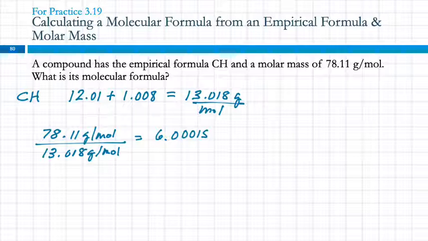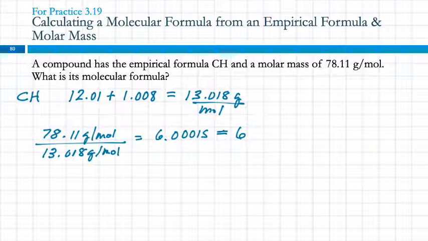This should always give you a number that can be rounded to a whole number. It should always come out very nice. If it doesn't, you're doing something wrong. You're calculating your empirical formula or its mass incorrectly, or you're doing the math wrong. There's no multiplying by factors here. So this is 6.